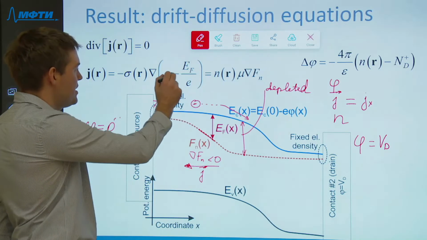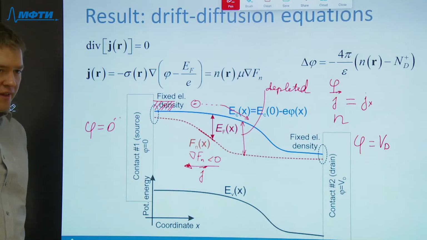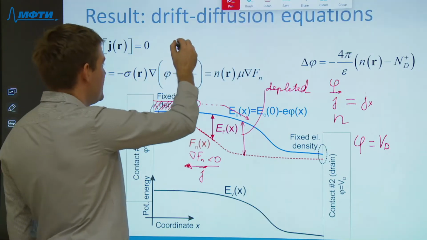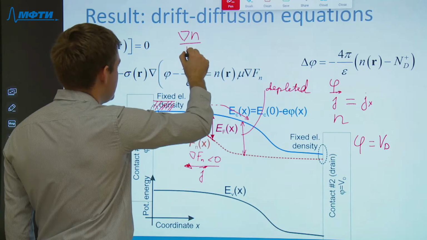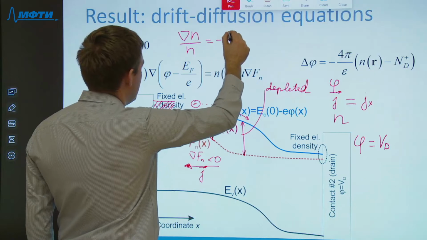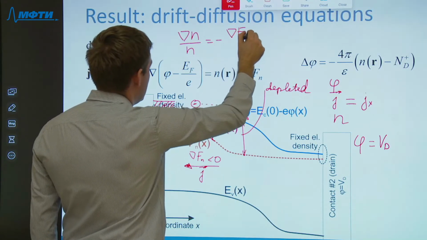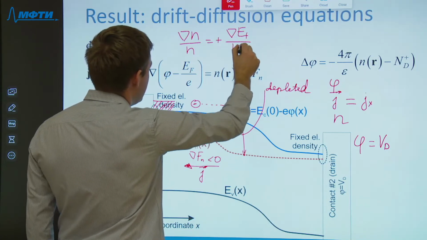Actually, the gradient of the Fermi energy is related to the gradient of carrier density, where the gradient of carrier density divided by density itself is nothing but minus the gradient of Fermi energy divided by kT.